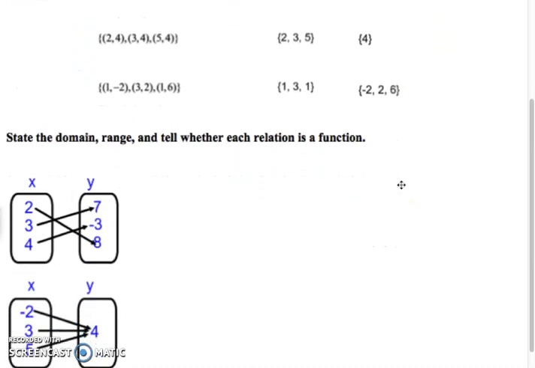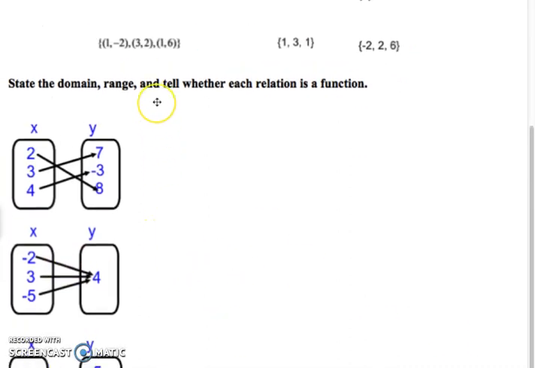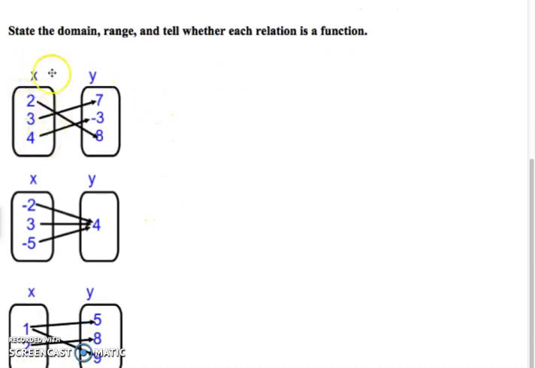So, state the domain, range, and tell whether each relation is a function. So these are maps that we saw in the last lesson. My x values are my domain. So what you can do is write domain, do your squiggly brackets, and then 2, 3, and 4 were all in the domain.